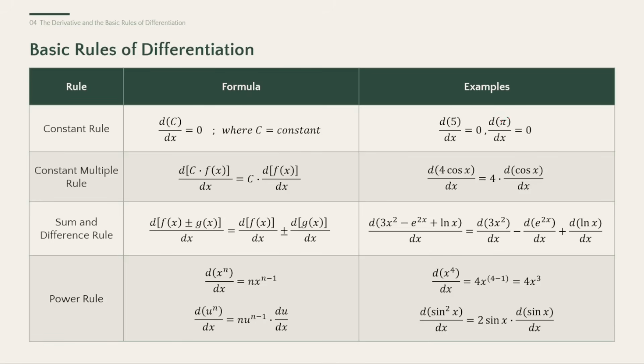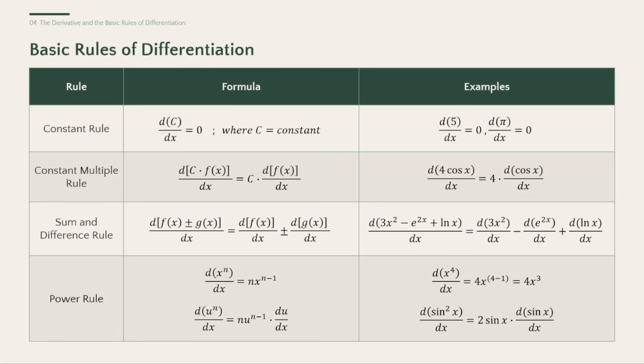The derivative of pi is also a constant, also 0. The principle behind this is that a constant doesn't change. It stays the same. Therefore, the rate of change of a constant is zero. It is never changing. That's why the derivative of a constant is zero.